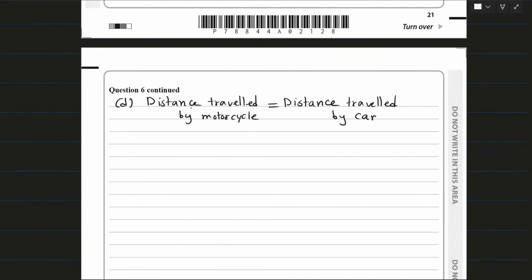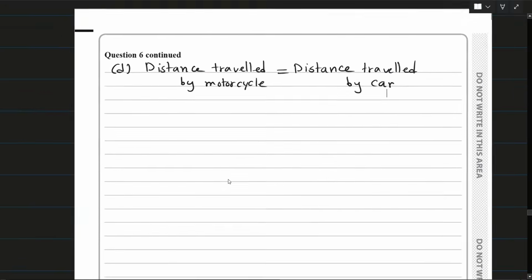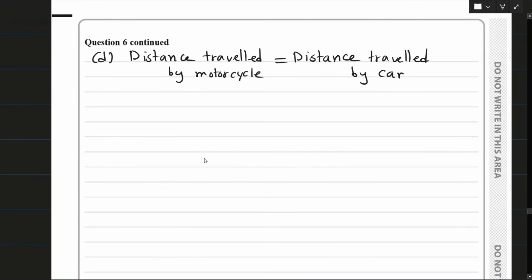We know that the distance traveled by the motorcycle can be calculated using one of the constant acceleration formulas. We know some information about the motorcycle. It was initially at rest, and it travels this distance within our 15-second period. So in order to calculate the distance traveled, we need to consider all this information.